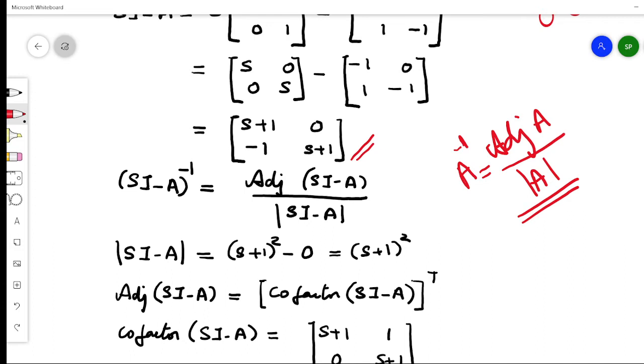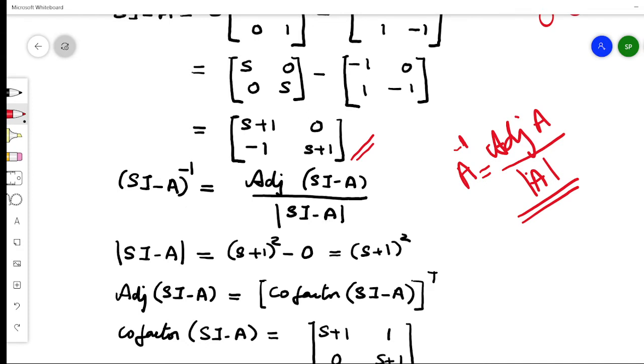Adjoint A is nothing but the transpose of the cofactor of A. Here, instead of A, we have sI minus A, since we want to find the inverse of sI minus A. So we'll take the adjoint of (sI minus A) divided by the determinant of (sI minus A).